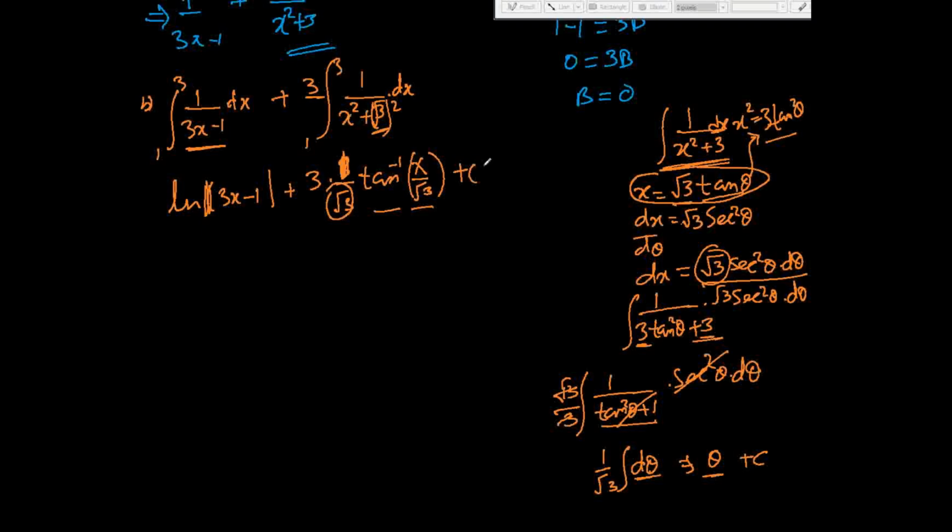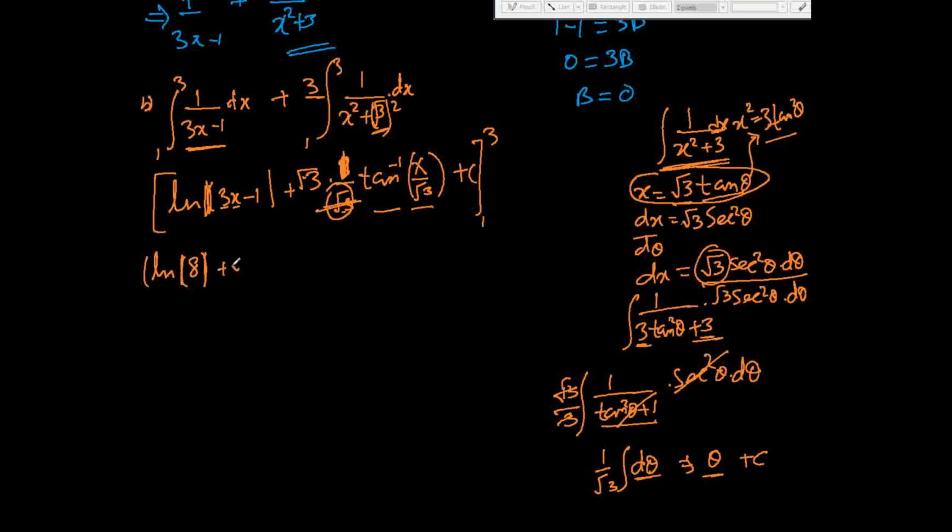So this is our integration from 1 to 3, and let me substitute the values 3 and 1 into this now. Okay. First of all, let's cancel out this one and this one. This becomes square root 3 when it cancels out of this. So we are left with ln of 3 times 3, 9 minus 1, 8. So there is no need to write absolute value anymore because it's positive.